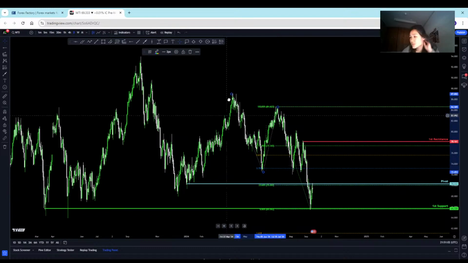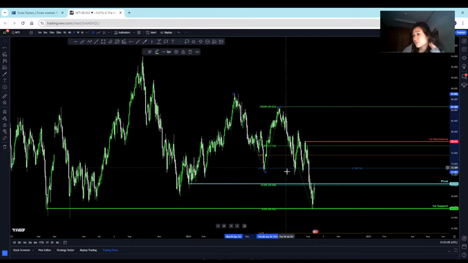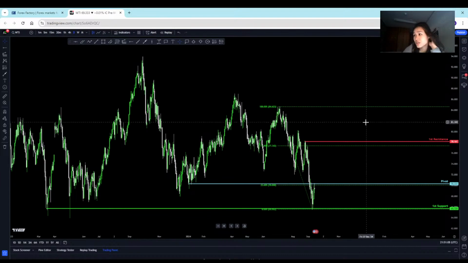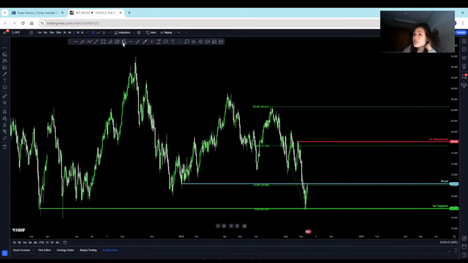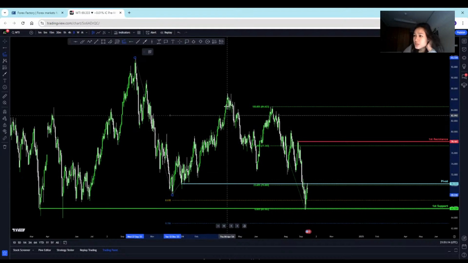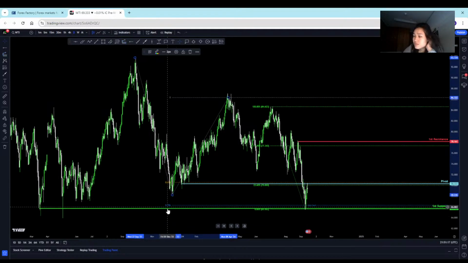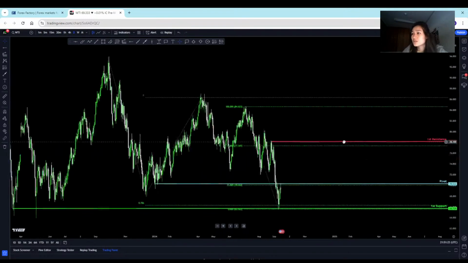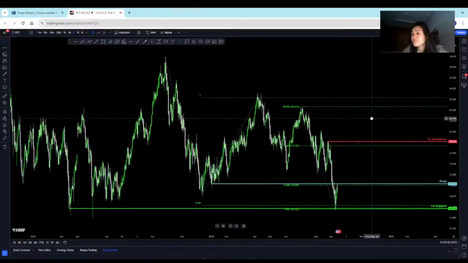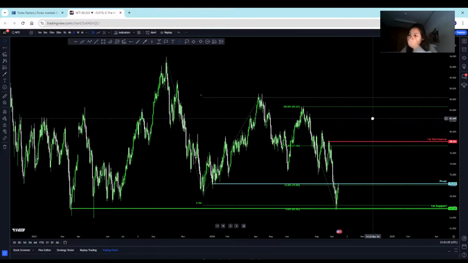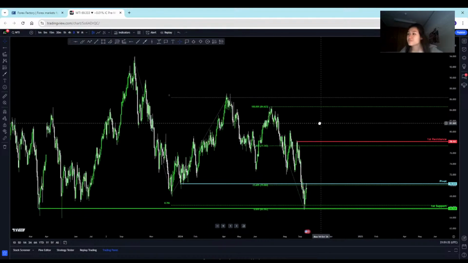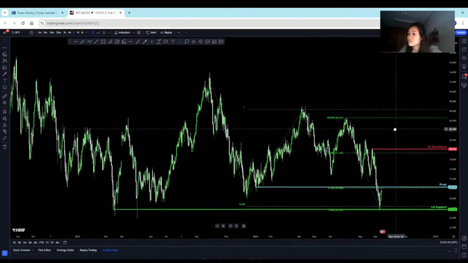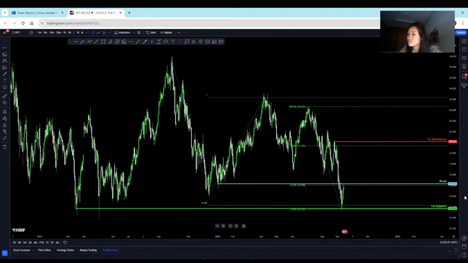Okay, even though the 100 lines up with our pivot, price has already broken out of it, so I'm not going to use that anymore. Let's see our projection here. Okay, my 78.6 lines up with my first support. I think that might be all the levels we have.